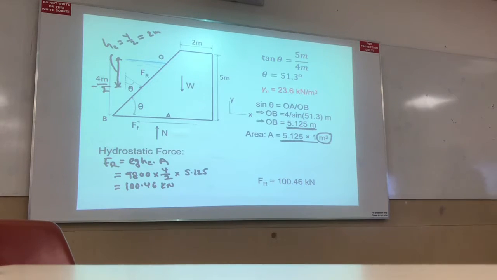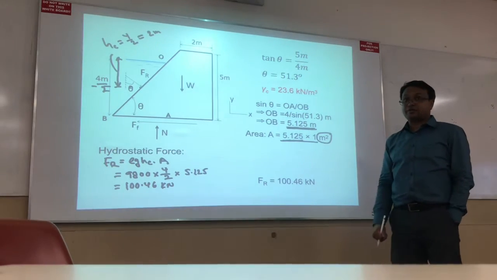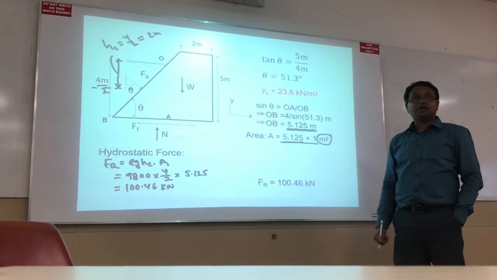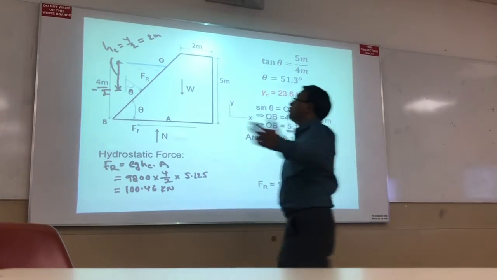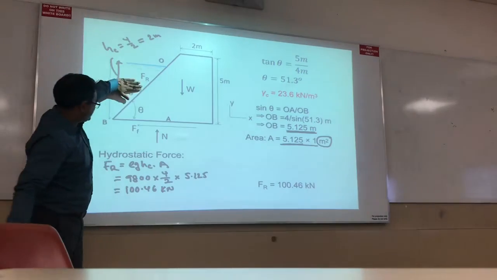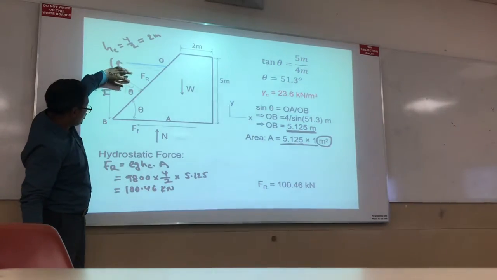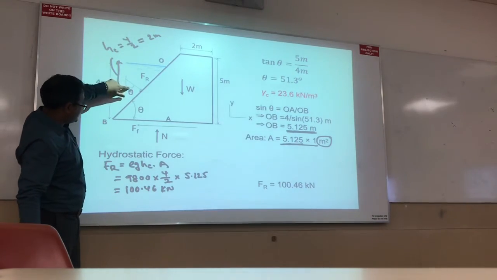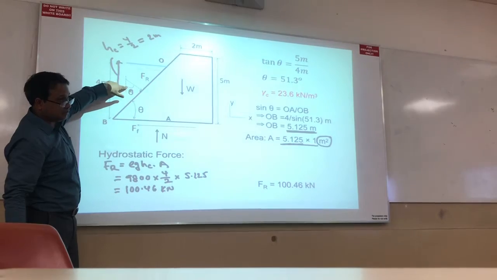Right, done. So now they tell you to find the hydrostatic force with respect to horizontal and vertical direction. So what is the hydrostatic force? The hydrostatic force is acted this way to prevent sliding. So it has two components because the angle is theta. This angle is theta, definitely this angle is theta by geometry.